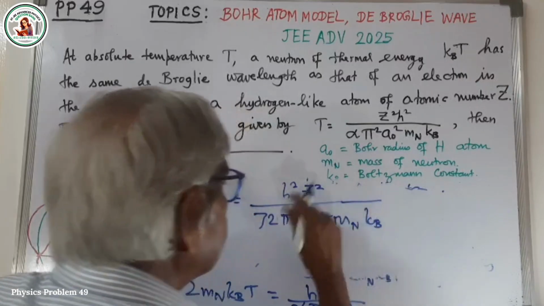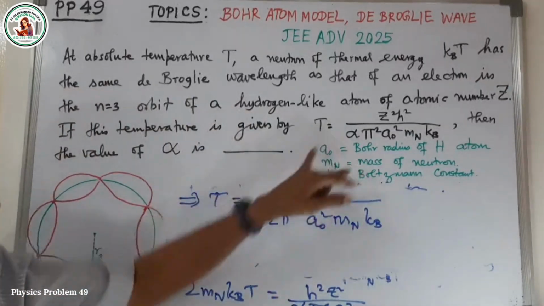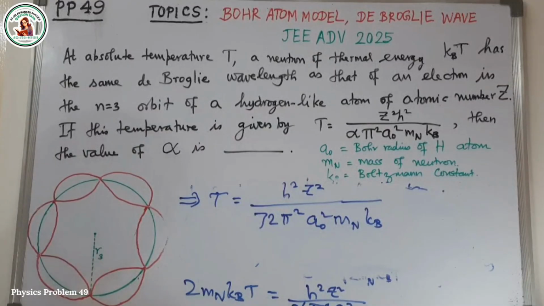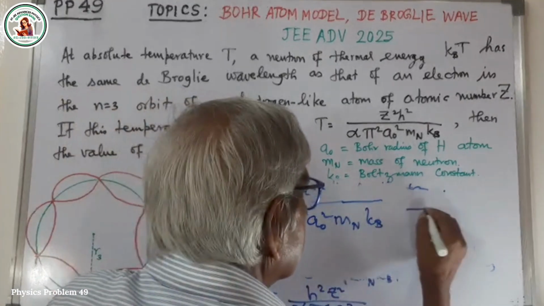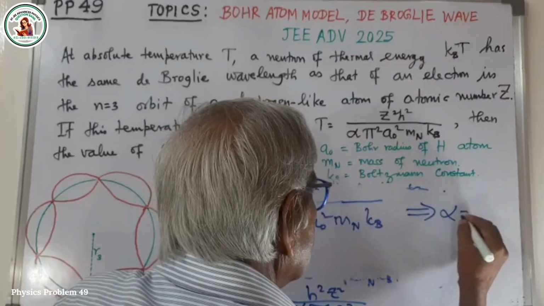So the given expression we got with alpha replaced by 72, which implies alpha equals 72.